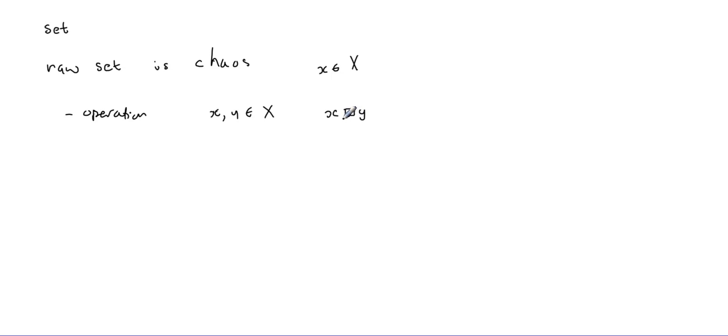What square means in this case doesn't matter, what matters is that these things have interacted in a certain way. It is possible that this interaction can result in another element, which we call z, which could be an element of X, or z which is not an element of X.